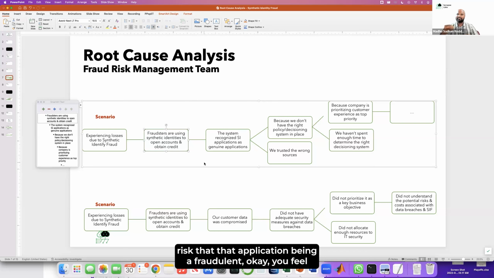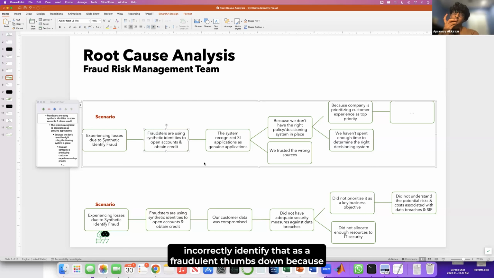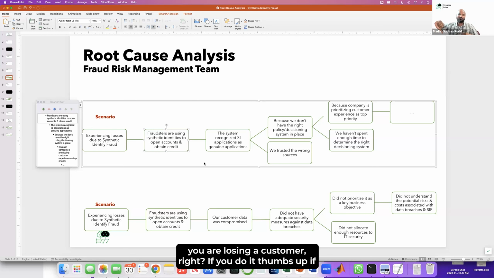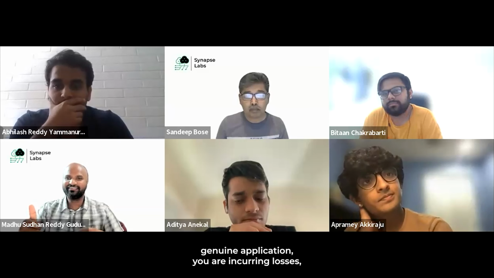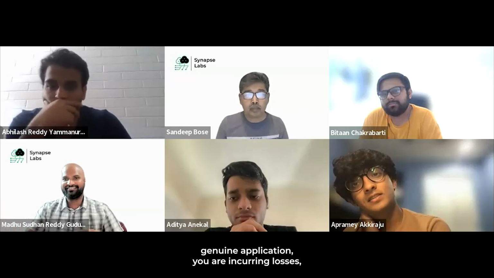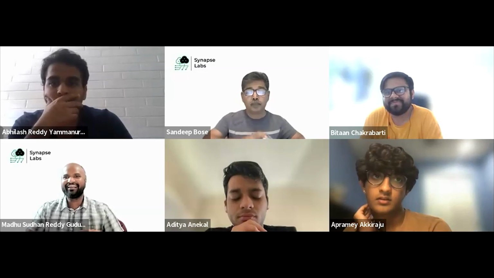What is the risk of that application being fraudulent? If you identify it correctly as fraudulent, thumbs up. If you incorrectly identify it as fraudulent, thumbs down, because you are losing a customer. If you approve an actual fraudulent application, considering it a genuine application, then you are incurring losses.